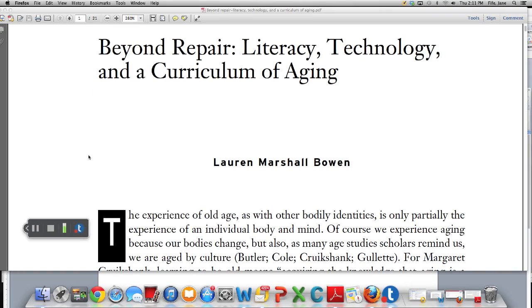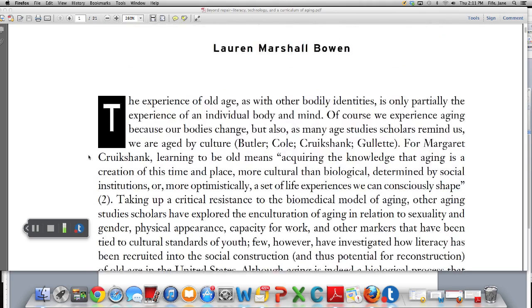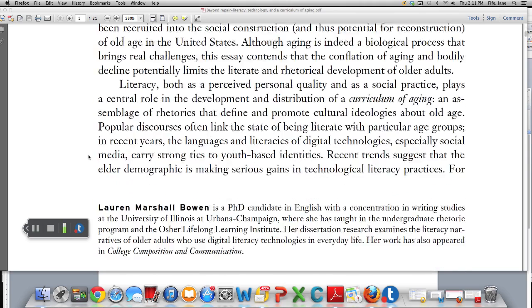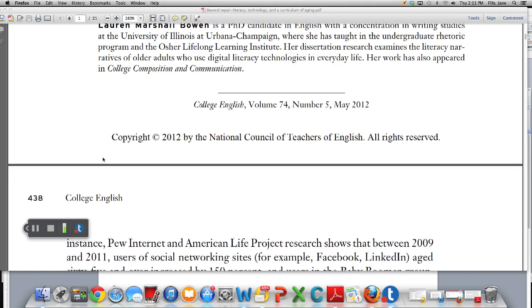This is about a study of publications put out by the AARP about technological literacy to suggest their attitudes that they present about older adults and technology.